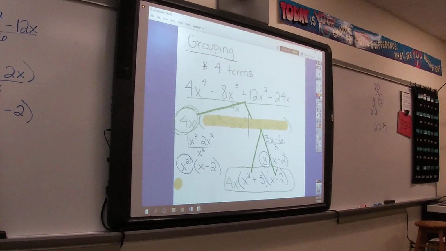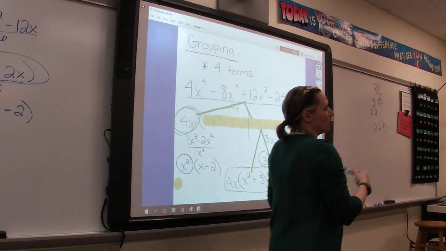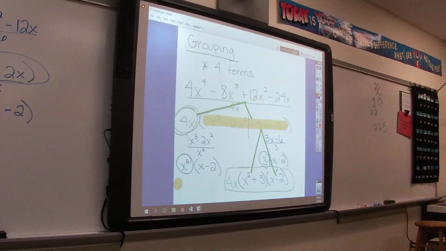And so I factored out an x, I factored out a 6, and I was left with an x minus 2. All of those pieces are going to be important because if we just decide, oh, all I have to do is factor, well, what's wrong with doing that? It's going to be a big problem because then we're not going to be able to do anything with quadratics later in the trimester. Okay?